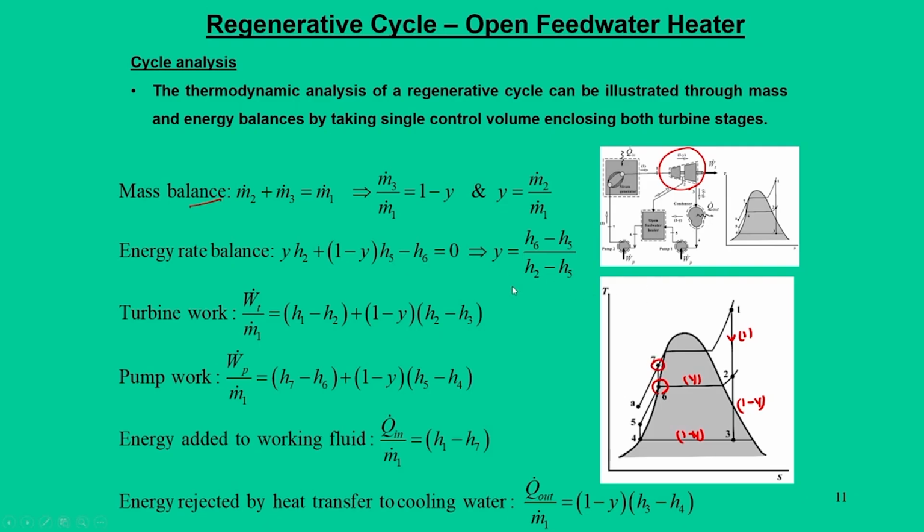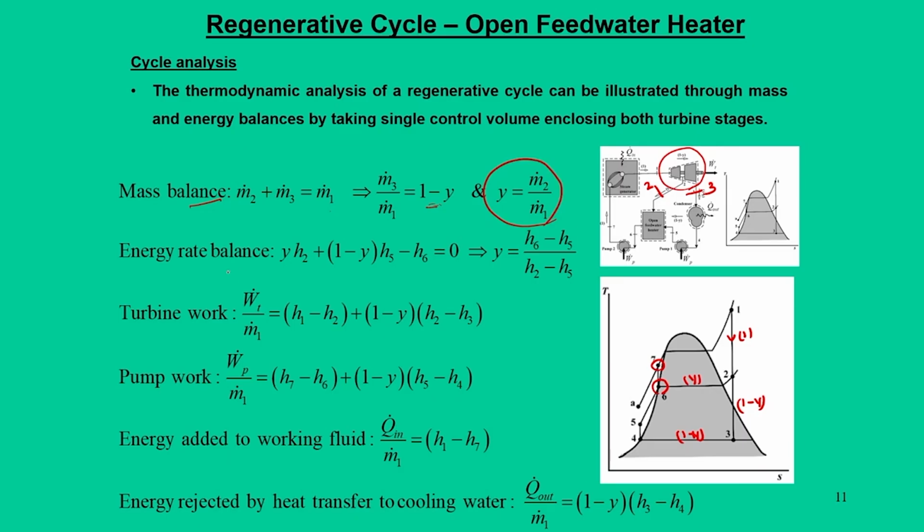If we do this mass and energy balance, we can write for the mass balance, that is M2 plus M3 is equal to M1. So, state 3 is somewhere here, state 2 is this, and so M3 is 1 minus y. So, through this we can find out what y is, how much y we are going to get.